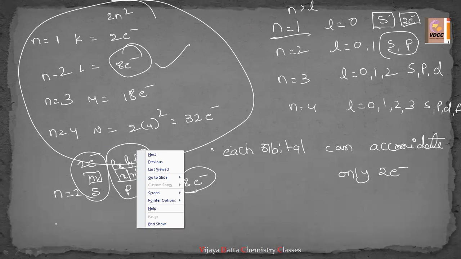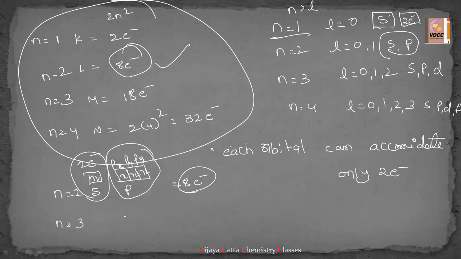We can go for the next one. When n equals 3, we have spd. The s orbital has only one, the p orbital has 3, the d orbital has 5, right? Here each orbital can accommodate 2 electrons. For p, 3 orbitals, each can accommodate 2 electrons, so p has 6 electrons.